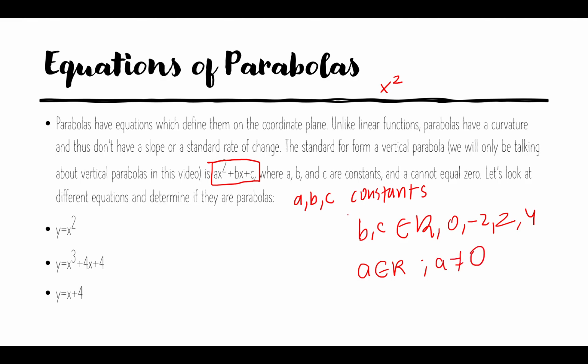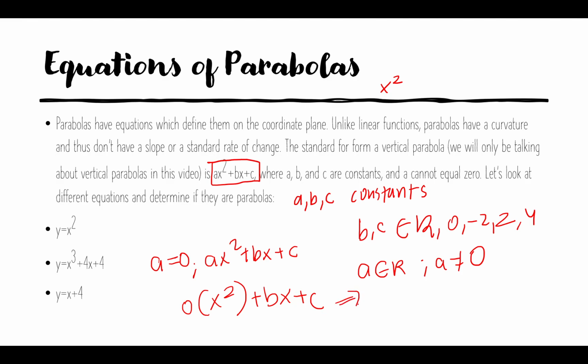Let us see why a cannot be equal to 0. Let's suppose we plug in a is equal to 0 in our quadratic equation standard form, ax squared plus bx plus c. We will get 0 times x squared plus bx plus c. From here, we can simplify this to bx plus c, as 0 times anything is 0.